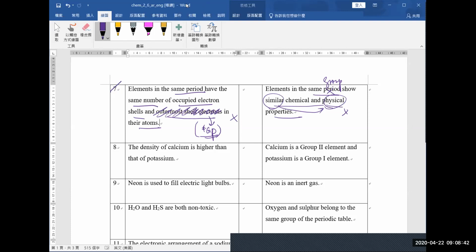But for this part, if you stick back to the same group, the concept of same group needs to be elaborated further. Somebody would like to write that they do not have the same properties; they have totally different physical and chemical properties, starting from group 1 to group 0.